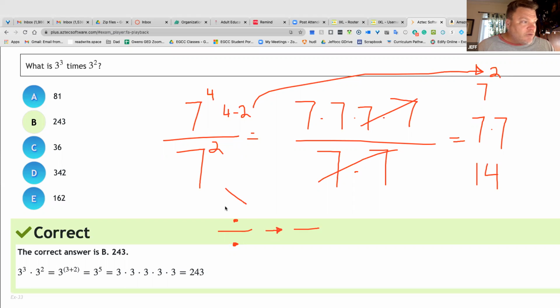If the big numbers are multiplying, tip that thing over just a little bit and add those little numbers. So big numbers are here, little numbers are here. If the big numbers are multiplying, tip it over and add. If the big numbers are dividing, get rid of the dots and subtract.